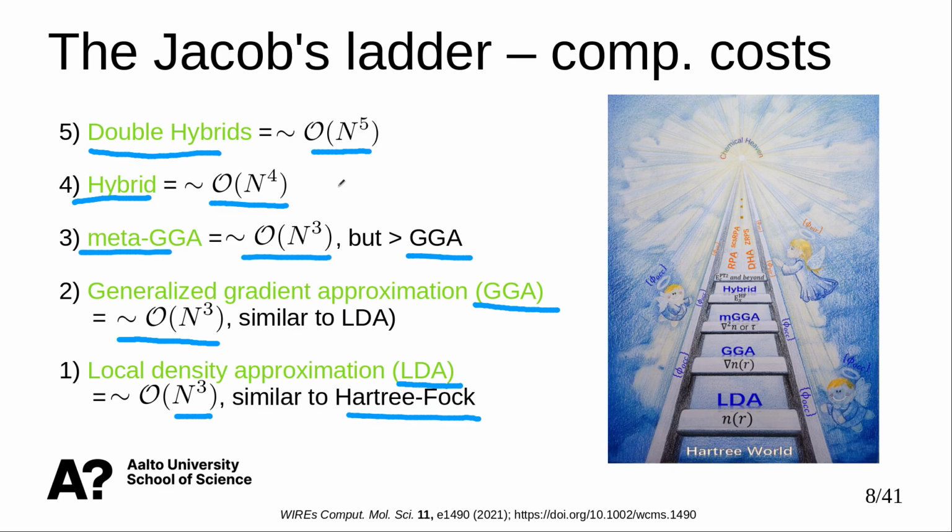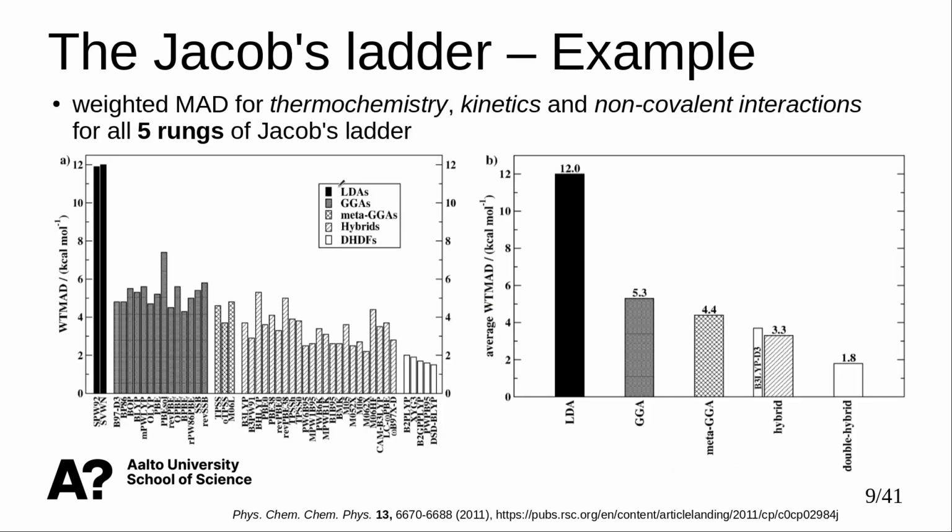And then exactly. To give you an example of how the Jacob's ladder works, there's this nice article in PCCP from 2011 by Lars Goerigk and Stefan Grimme. I can highly recommend that. And they did some tests on the WTMAD, which is the weighted mean absolute deviation.